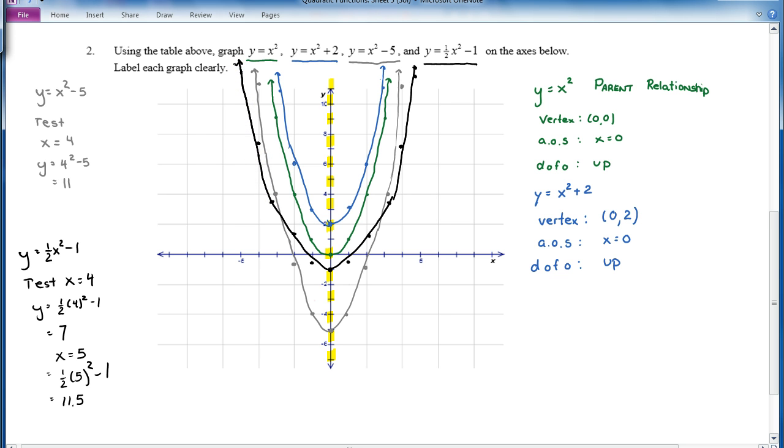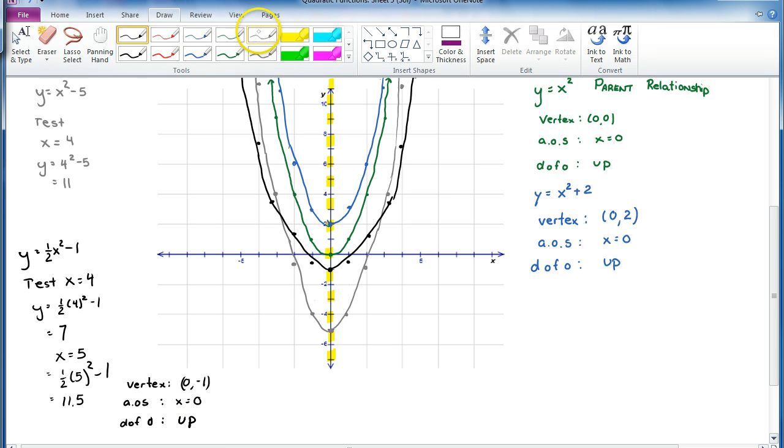And there we go. And of course, I want to remind myself, the vertex, always checking this. We see 0, -1. The axis of symmetry is x equals 0, and the direction of opening is up.